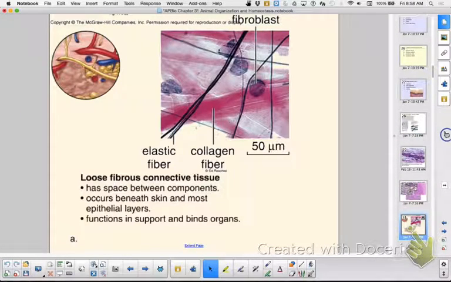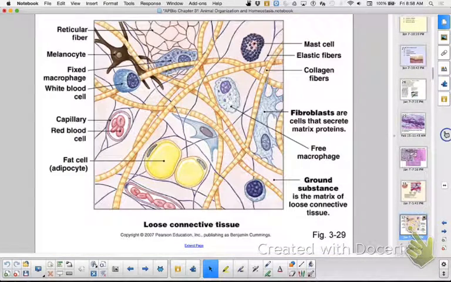Here is loose fibrous connective tissue, not to gross you out, but if you cut your hand kind of deep and you're like, there's stuff in there, that would be loose fibrous connective tissue. It's just a bunch of stuff. If you look in this, you might be able to recognize some things. Find something. It's like where's Waldo? Find something you know in the loose connective tissue. That's a white cell.